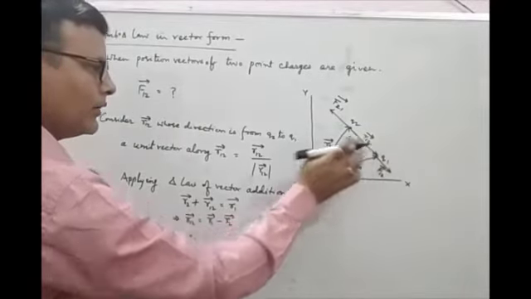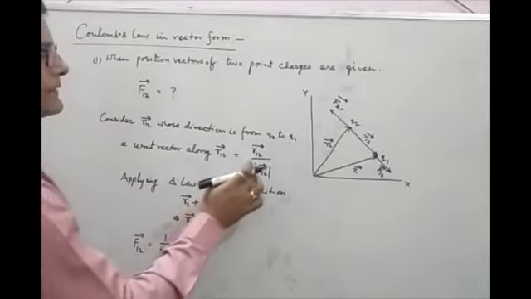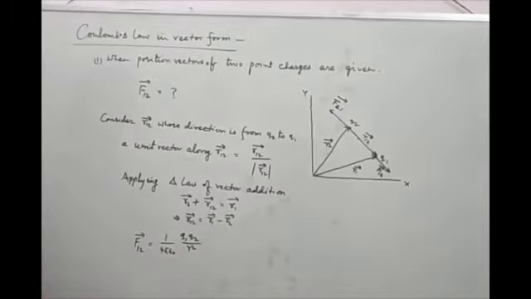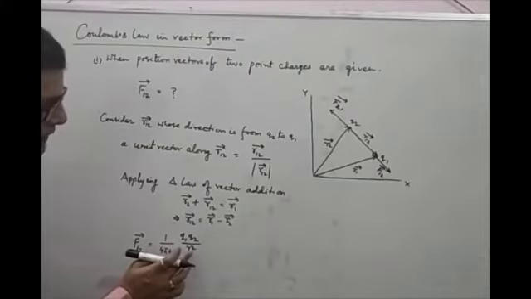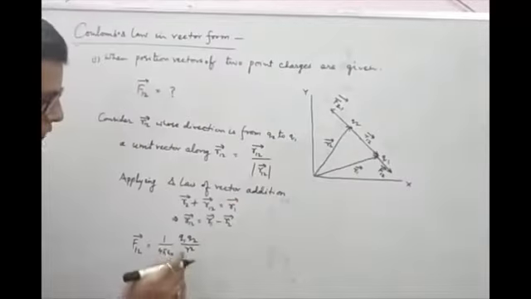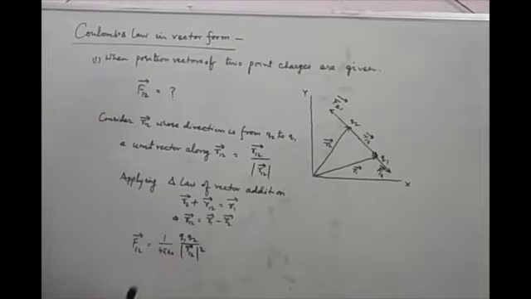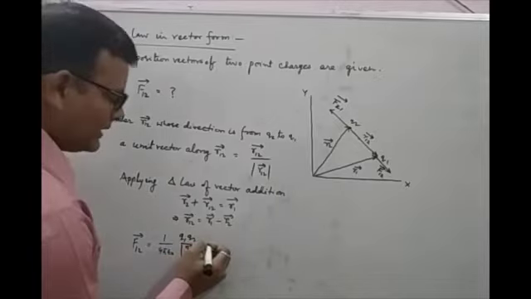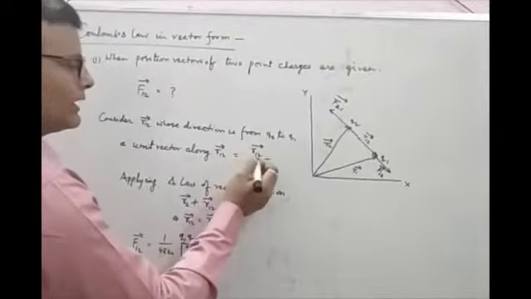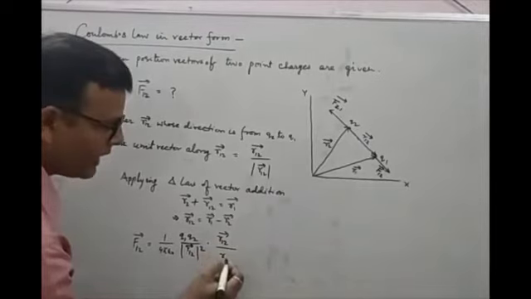The unit vector along R12 vector is this, but here R is the distance between these 2 point charges, so R must be equal to the magnitude of R12 vector. So we have to write mod R12 vector square, and the unit vector along R12 vector is R12 vector divided by mod R12 vector.